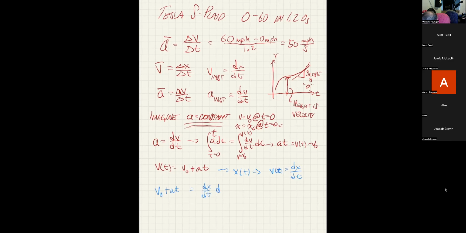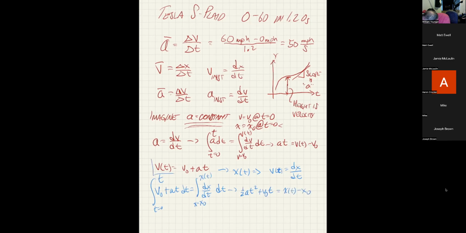I'll multiply both sides by dt, and I'll take the integral this time from t equals 0 to t, and this time from x equals x0 to x of t. And on this side, I get 1/2 at squared plus v0t, equals, this side I just get x of t minus x0.